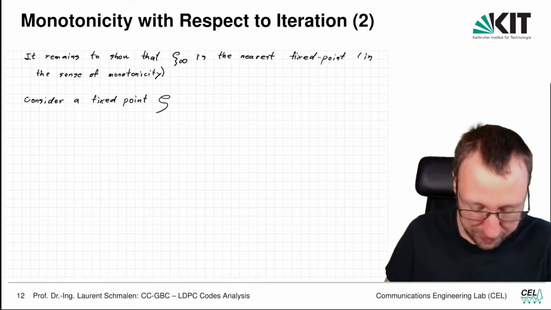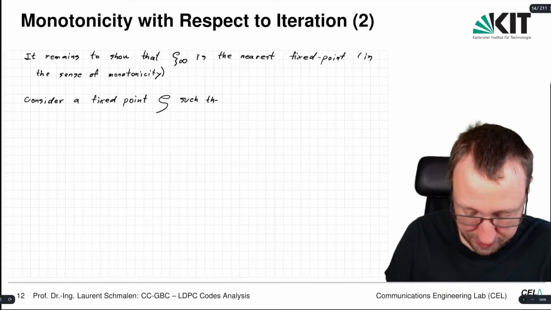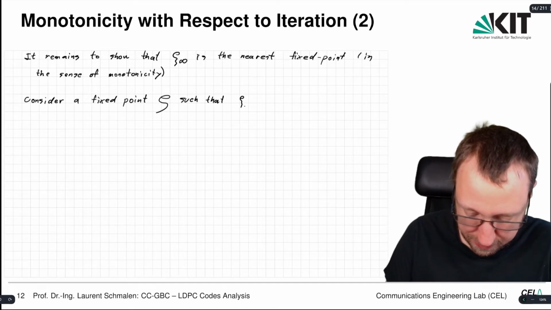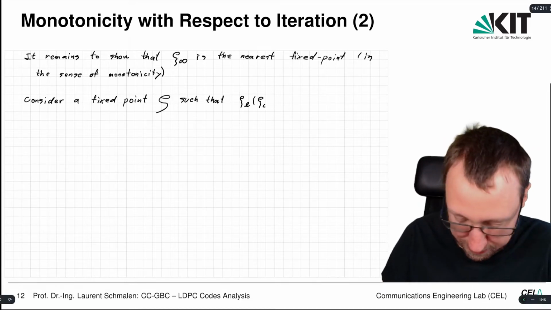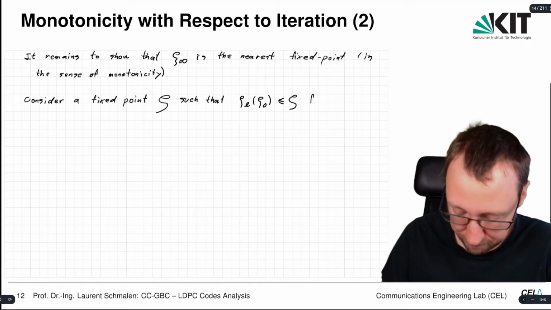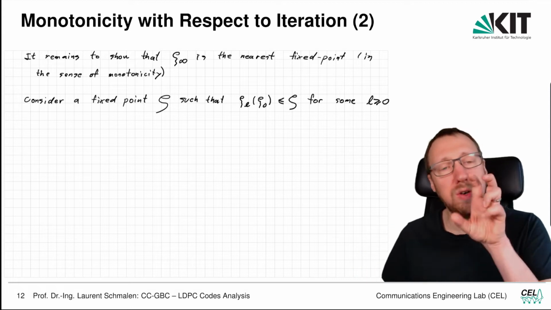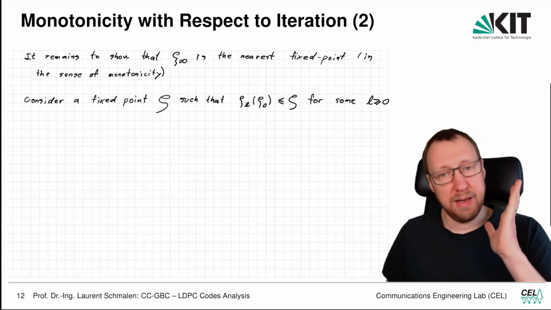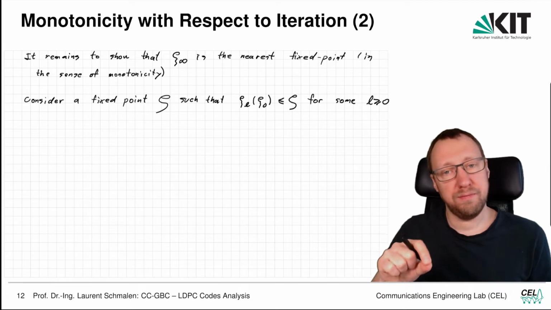So we have a fixed point theta such that C_l of C_0 is smaller or equal than theta for some l larger or equal than 0. So we know theta is a fixed point, C_l is smaller or equal than this fixed point.